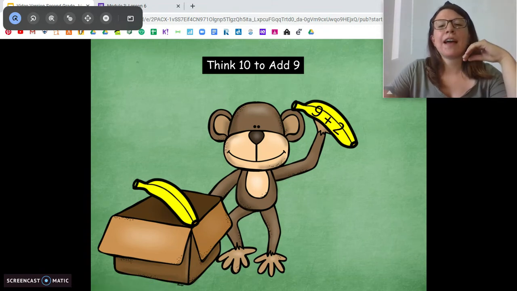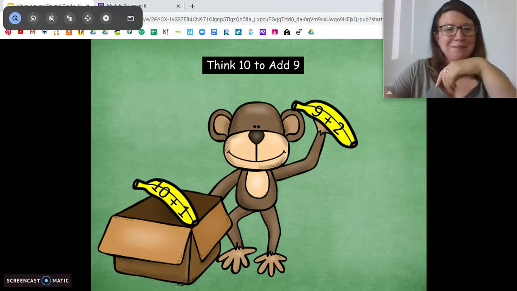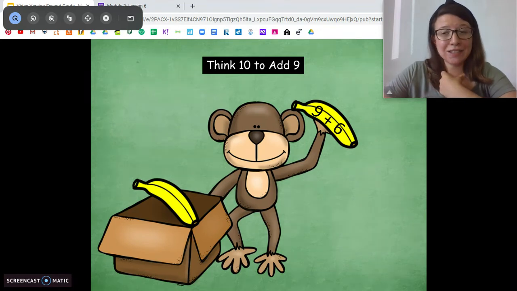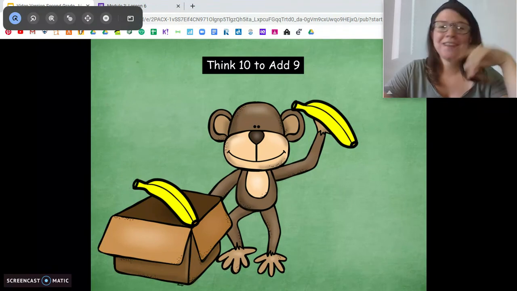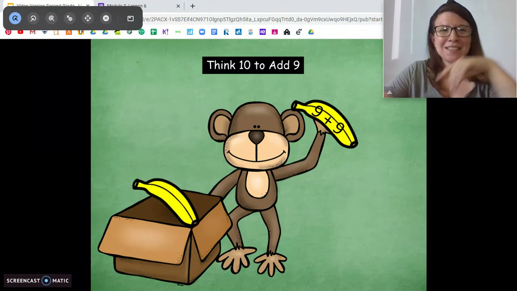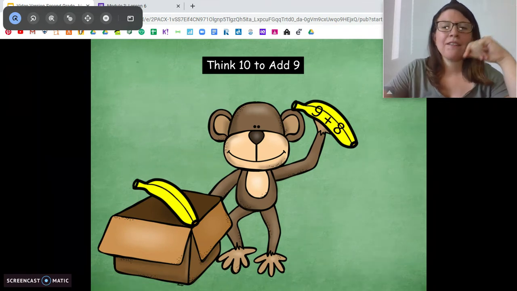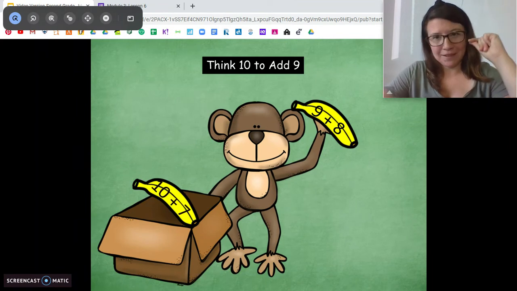Next one. If I give you 9 plus 2, you say 10 plus 1. Good work. If I give you 9 plus 6, you say 10 plus 5. Good job. Noticing that pattern. Wink, wink. If I give you 9 plus 9, you say 10 plus 8. Good work. If I give you 9 plus 8, you say 10 plus 7.